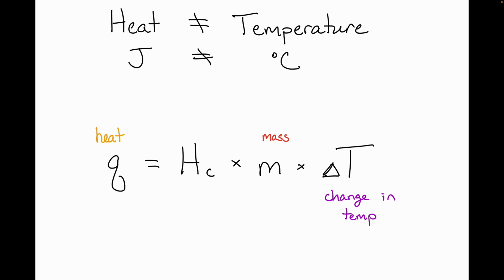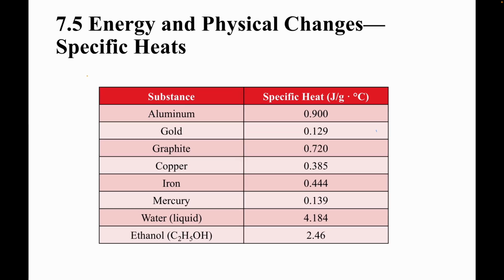All right, and then the fancy term here is this HC. This is what's called the specific heat capacity, or specific heat or heat capacity. And so what we're going to see added on to our constants page for this chapter is a table of different specific heats.